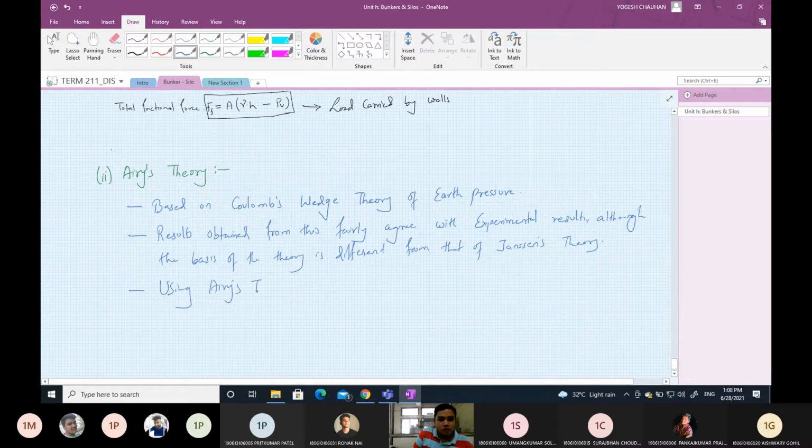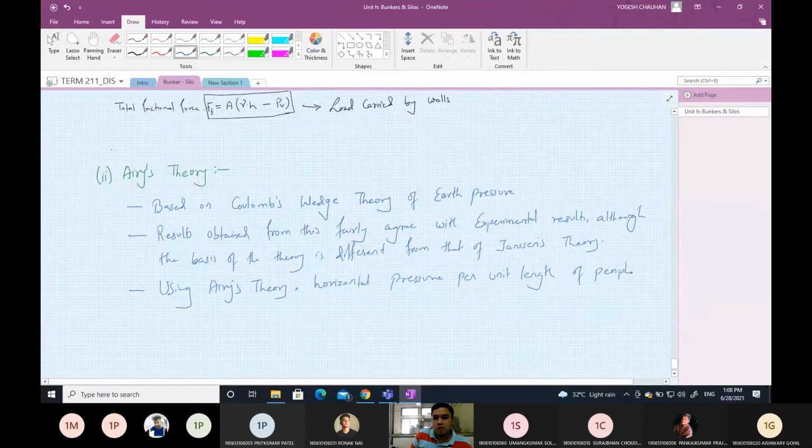You can determine the horizontal pressure per unit length of periphery and the position of plane of rupture.